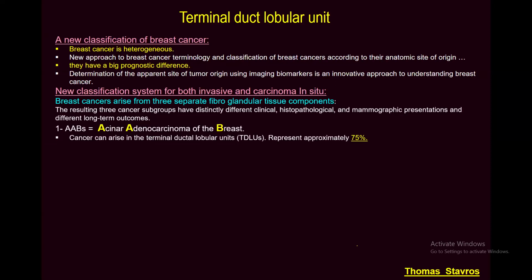These include AAB, acinar adenocarcinoma of the breast, which arises from the terminal duct lobular unit and represents 75%.